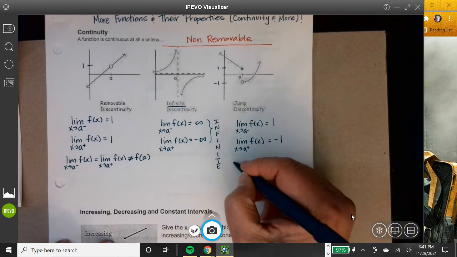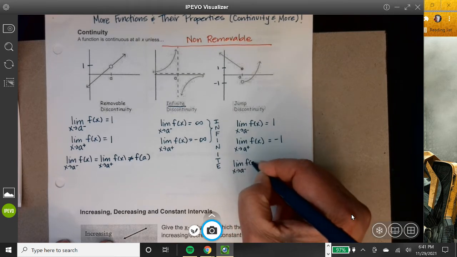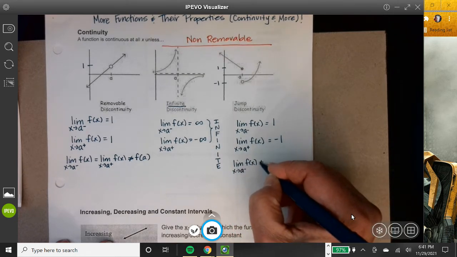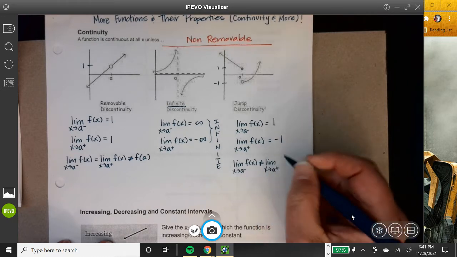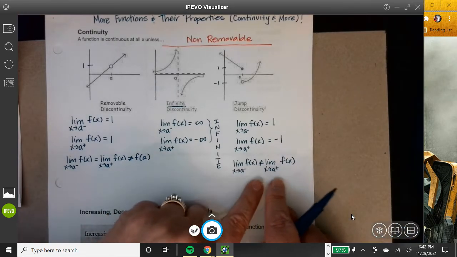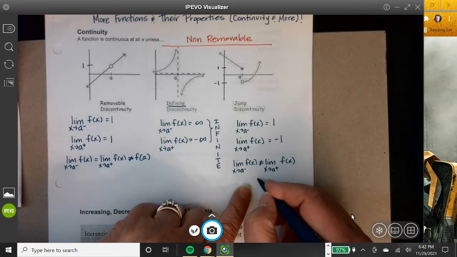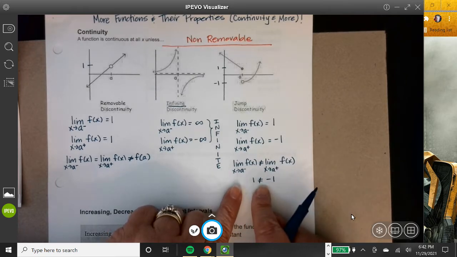And we can say that the limit as x approaches A from the left side is not equal to the limit as x approaches A from the right side of f of x. Okay, so the limits don't meet because 1 is definitely not equal to -1. They jumped y values, okay?